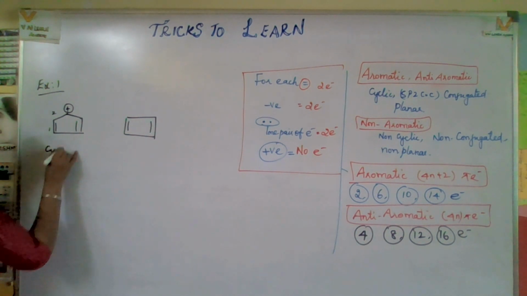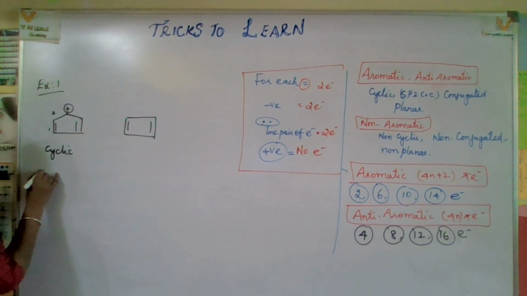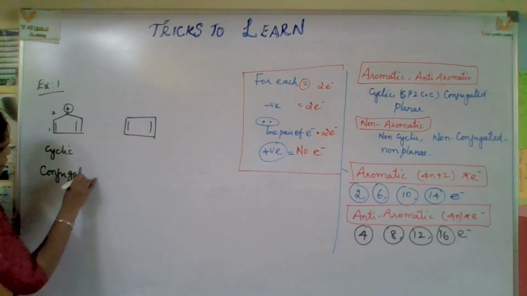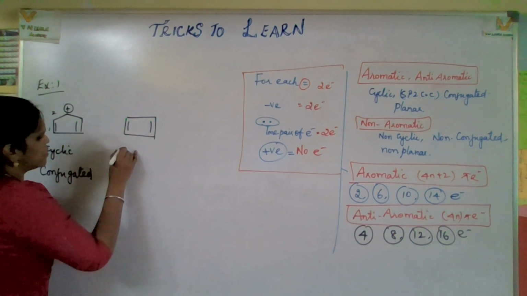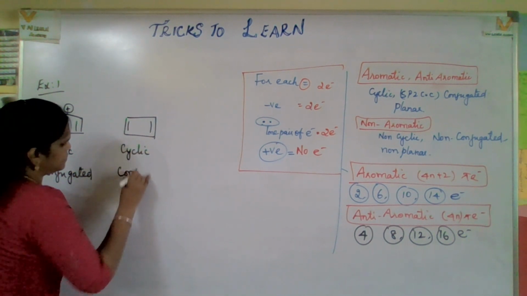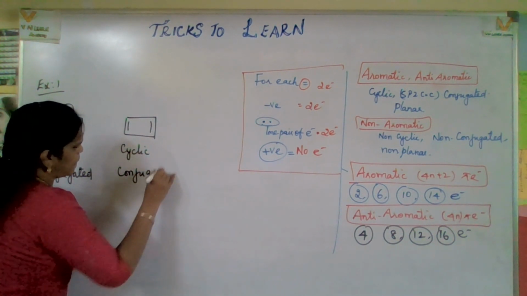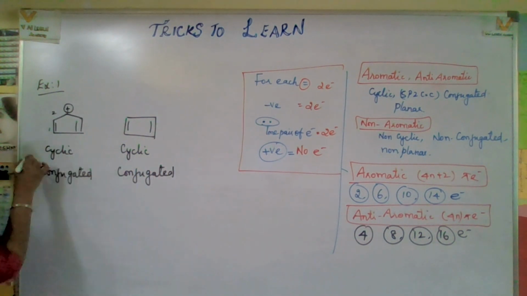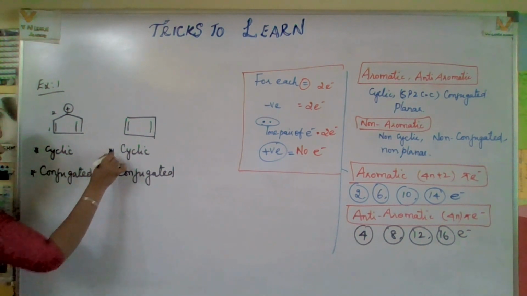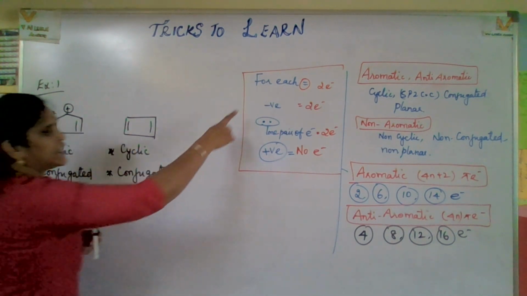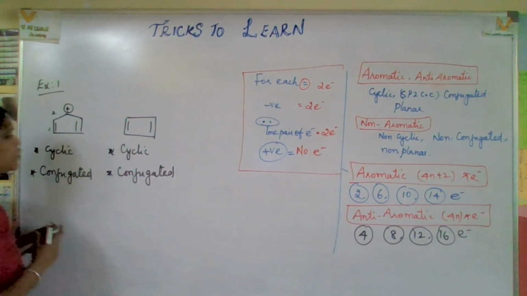First and foremost, let us check it. This is cyclic and conjugated. This is also cyclic and conjugated. These two are the main points to be checked. One more point: for each double bond, 2 electrons.